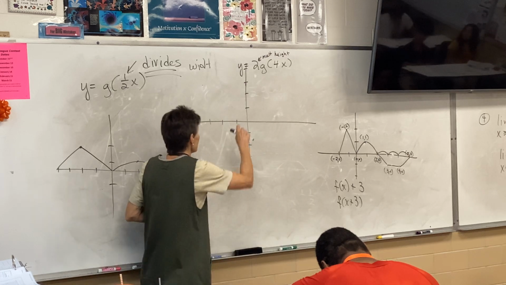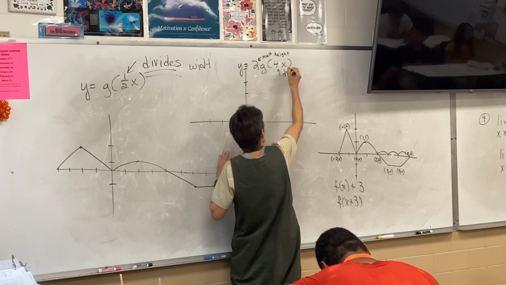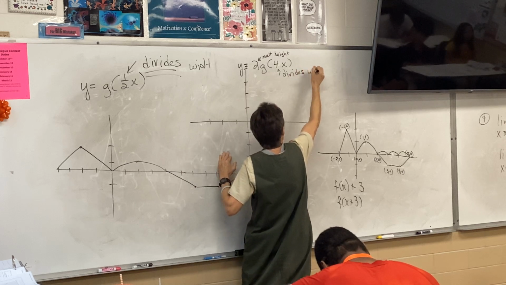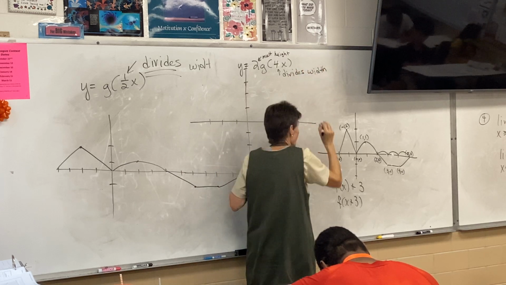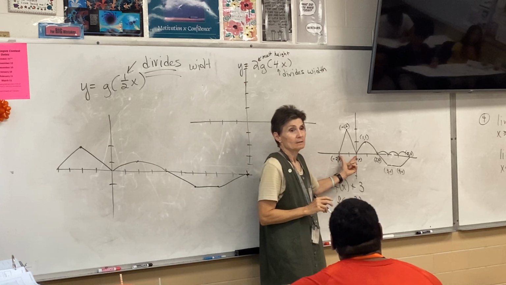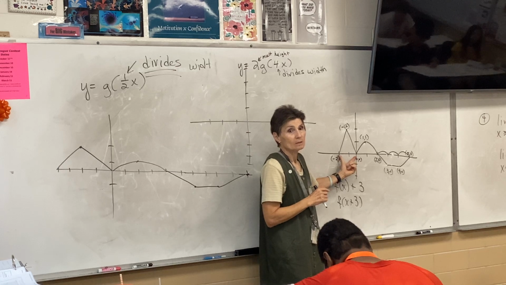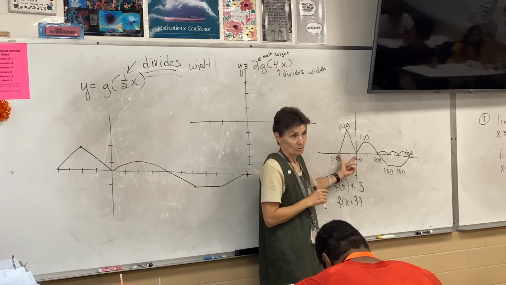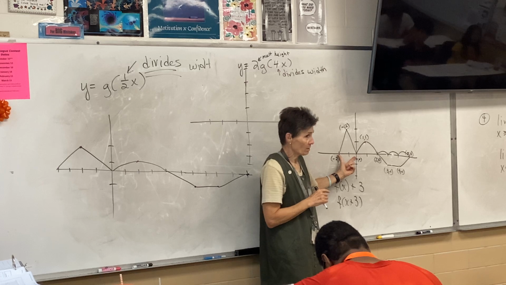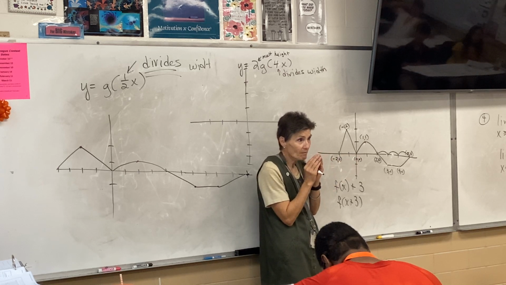What does this number do? Divides the width. Okay, now wait a second. How wide is the original triangle? 2. Divided by 4, he's now going to be a half.